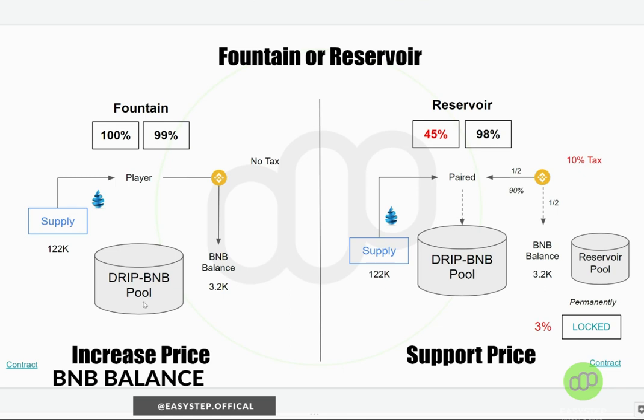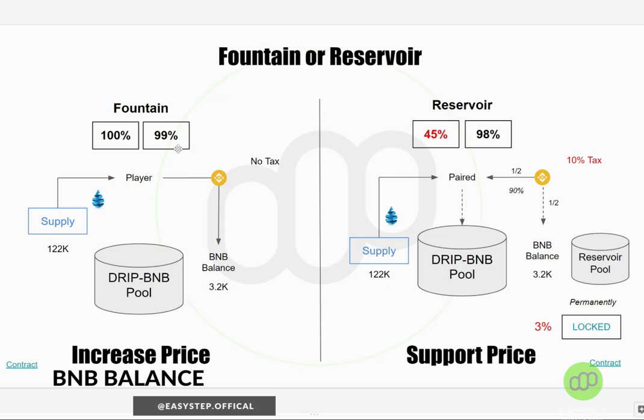Now in this illustration, we see a buy and sell transaction on the DEX. Okay, now when a person buys DRIP from the DEX, that BNB goes into the BNB balance. However, only 99% of that BNB goes to the BNB balance because 1% is a liquidity provider fee, which is immediately paid to the stakers in the reservoir.